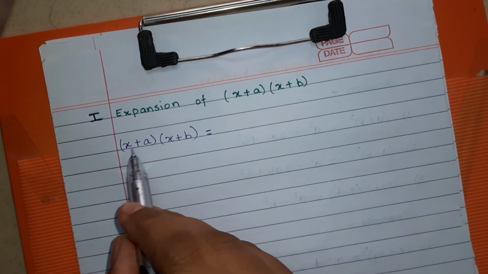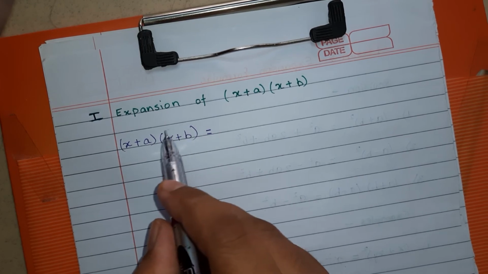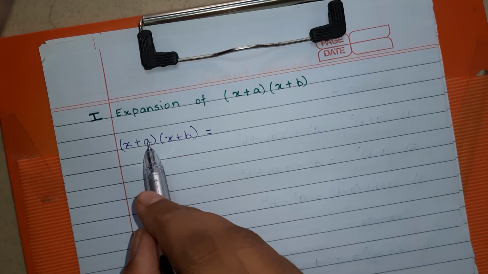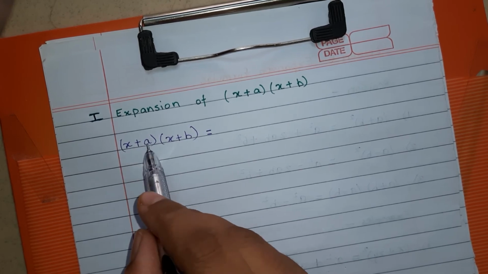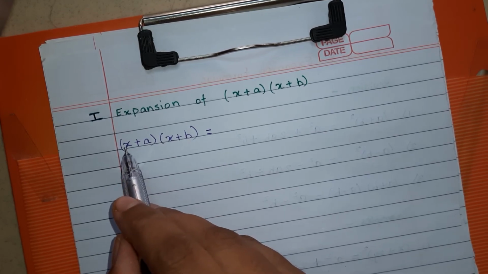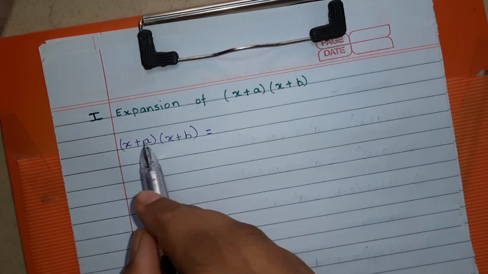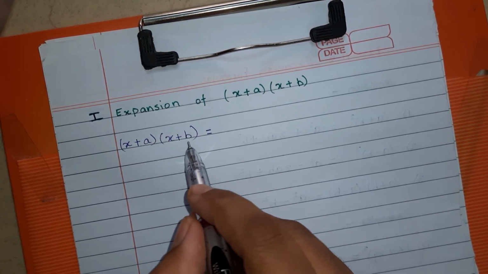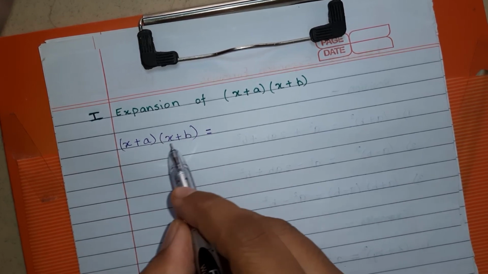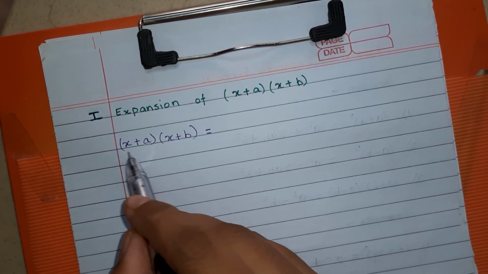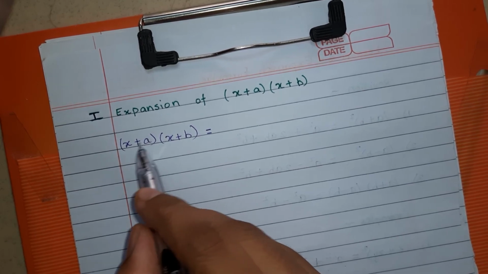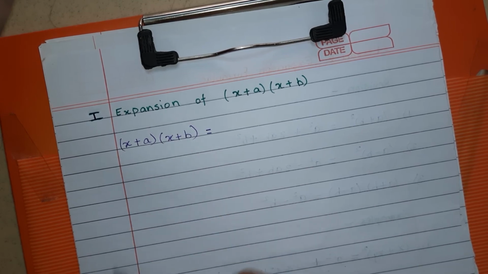Now see here, this bracket we have to multiply with the second bracket, but in the first bracket there are two terms, so both the terms we have to multiply with this bracket. Means x also we should multiply with this bracket and a also we should multiply with this bracket. Why? Because this whole bracket has to be multiplied with this bracket, but in this bracket there are two terms. This means both these terms have to be multiplied with this bracket.